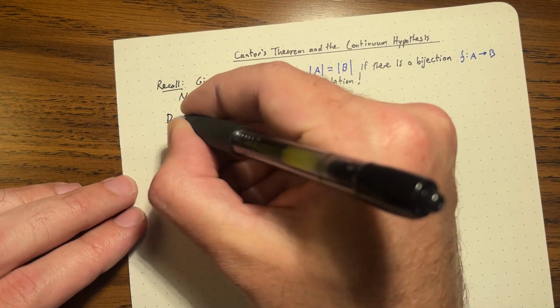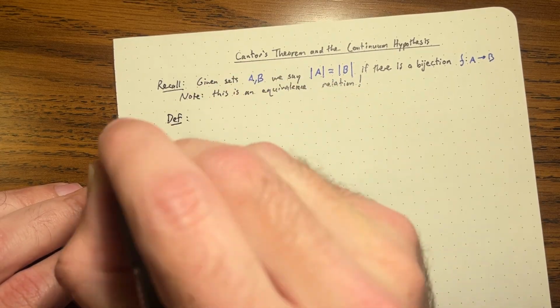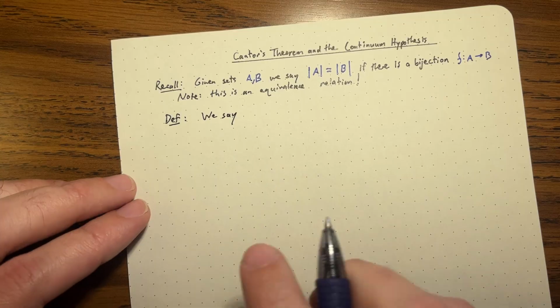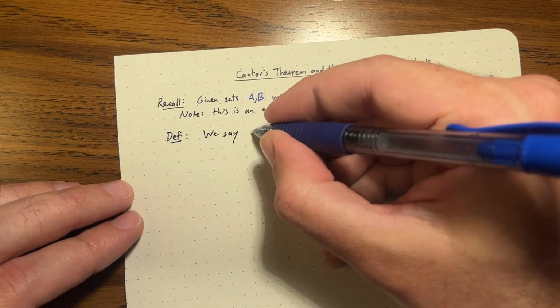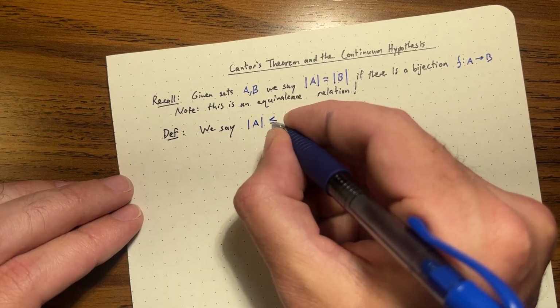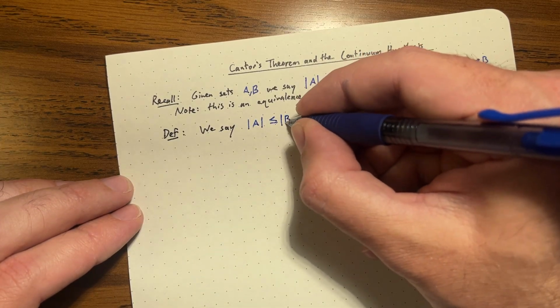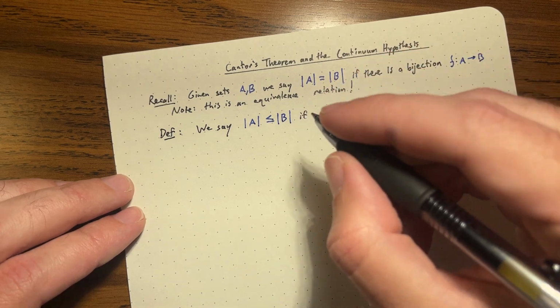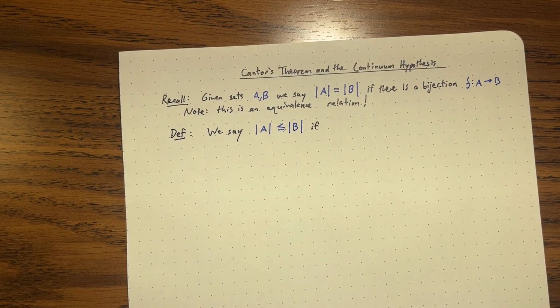Similarly, this is a new notation. We can use other symbols when we want to compare different sizes of infinities. So we say |A| is less than or equal to |B| if, what should this mean?